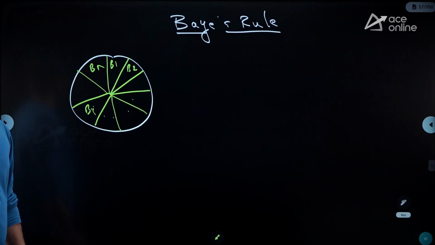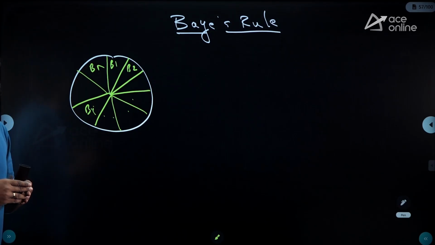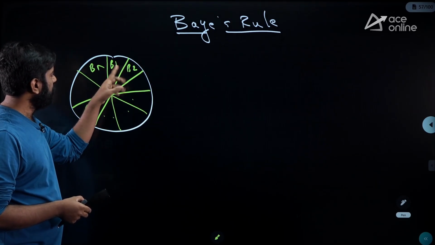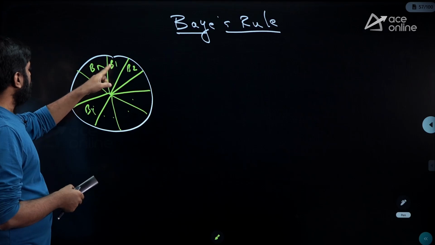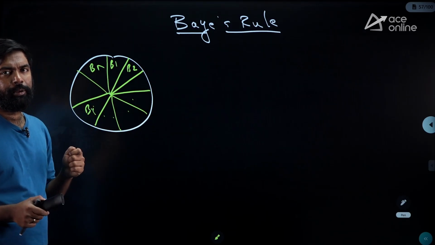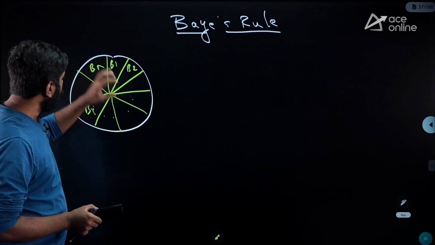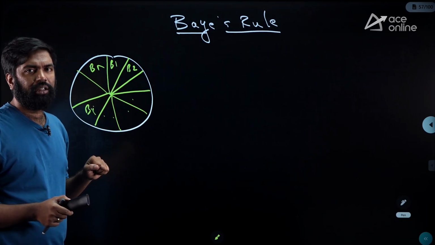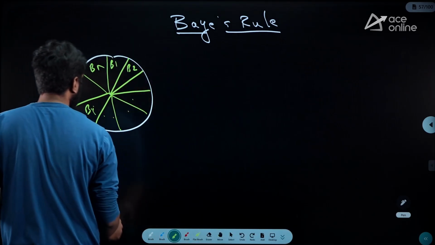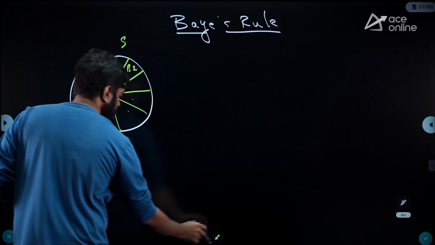Imagine there is a sample space which is divided into n mutually exclusive events. Mutually exclusive means there is nothing common here. If you take the intersection of B1, B2, null set. B1, Bn, null set. Any two events you take, their intersection is null set. At the same time, when you take the union of all of them, it's the sample space. So this is the sample space, students.